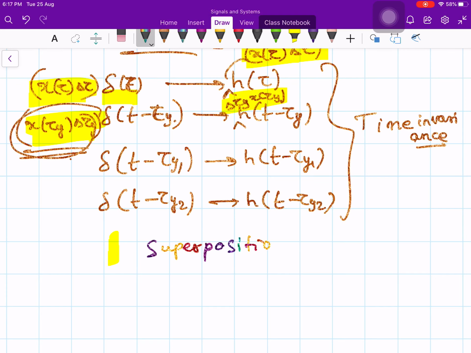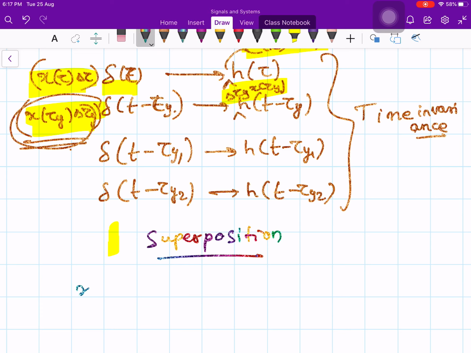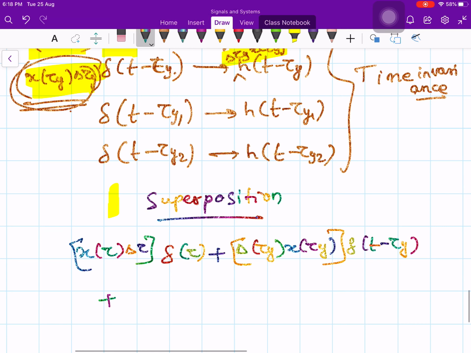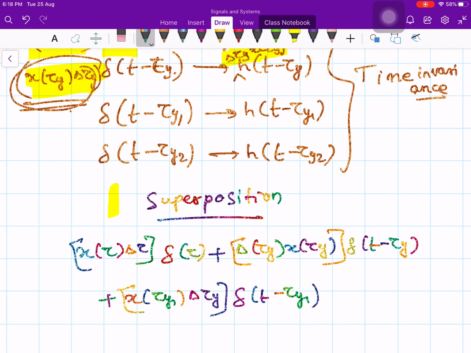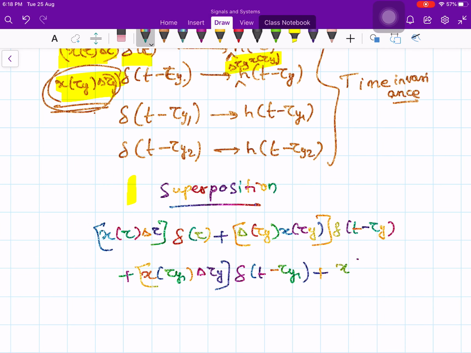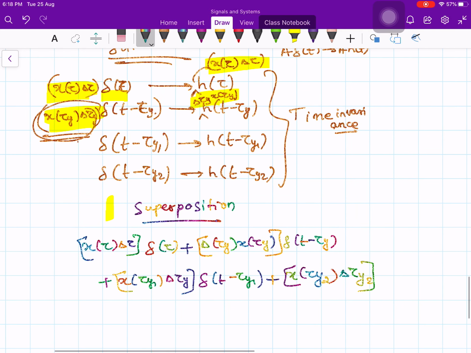What does superposition mean? x of tau times del tau, del of t, plus del tau y times x of tau y, which is a constant multiplied by del of t minus tau y, plus, let's say, x of tau y1 del tau y1, and this area is located at del of t minus tau y1, plus x of tau y2 del tau y2, and this area is located at del of t minus tau y2. Now what I am essentially doing here is superposition.